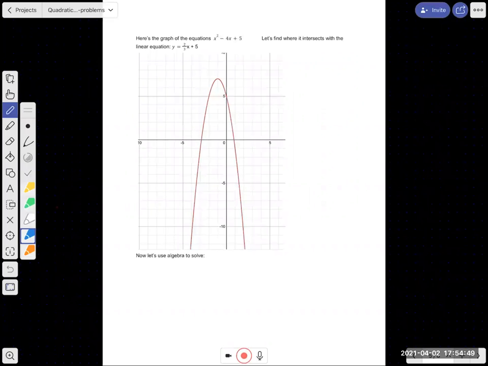Okay, so now, not every parabola faces up. So if we put a minus sign in front of it, minus x squared, oh, it looks like the minus sign got lost there. Let me just double check in Desmos.